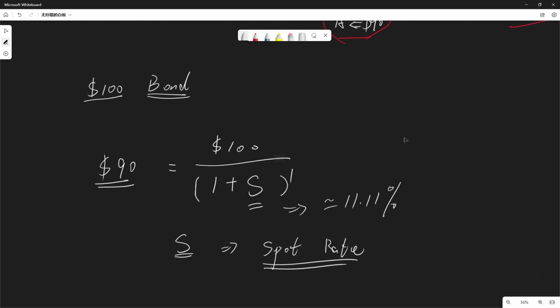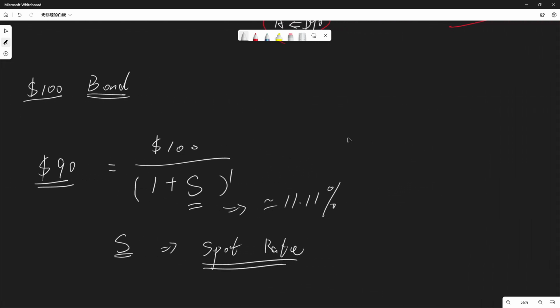So the difference between the fair value of that bond and the face value, the final payout of that bond, is affected by the spot rate, and that spot rate can also be interpreted as the yield to maturity.